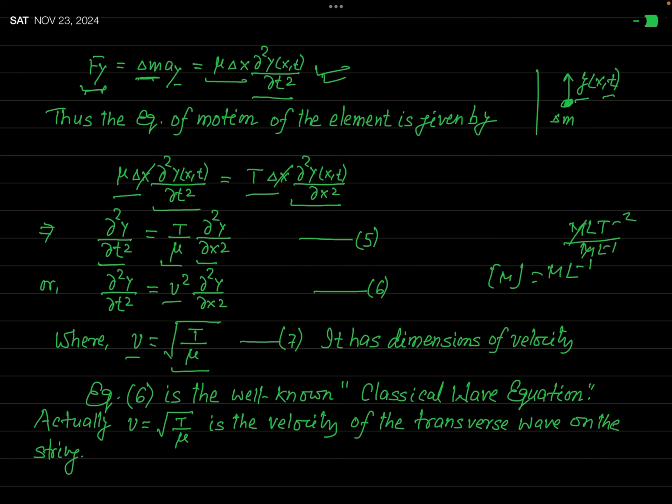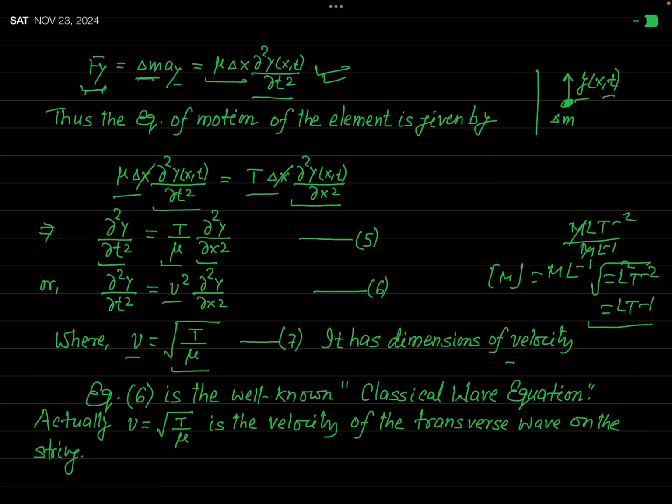M will cancel out, and you can see this will be L²T⁻². This is the dimension of T/μ. So when you take its square root, this will be LT⁻¹, which is the dimension of velocity. So this symbol has been used. Actually, this quantity, the square root of T/μ, has the dimensions of velocity.